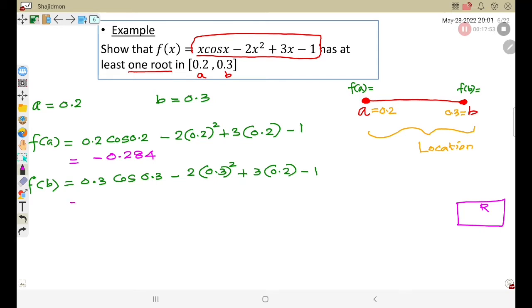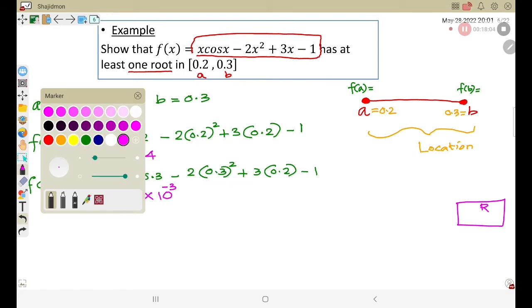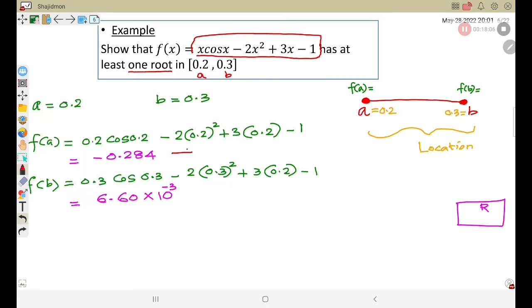Now when we calculate the second number, you will get 6.60 multiply 10 power minus 3. What it means is, the first number is a negative number, and the second number is a positive number. Correct?